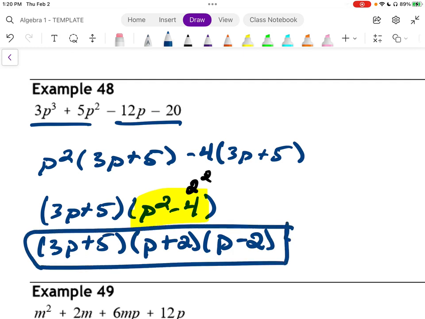Now we're done, okay? So this trick often occurs whenever we have factoring by grouping. At the end of a factoring by grouping problem, you'll want to make sure that you don't have a difference of 2 squares, because that ends up popping in and it is often overlooked. So anytime we have a problem like 48, we want to make sure that we check for that at the end of the problem.